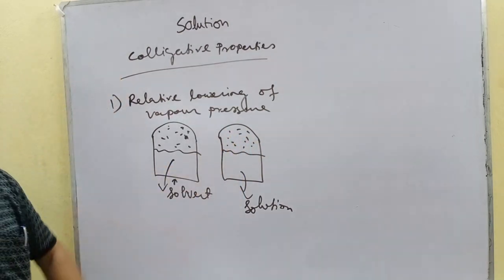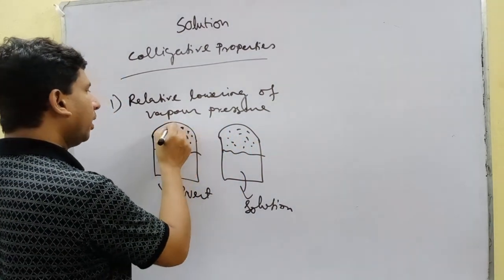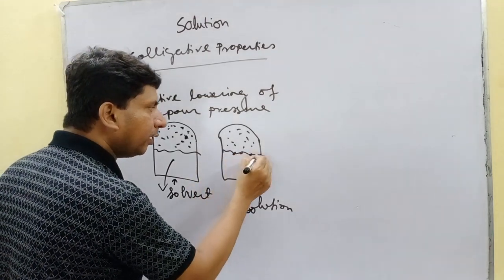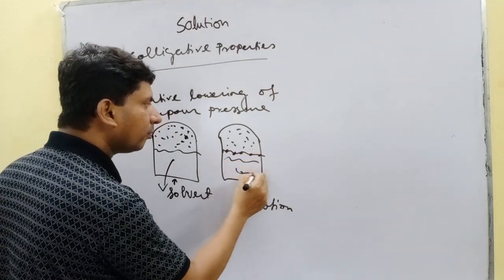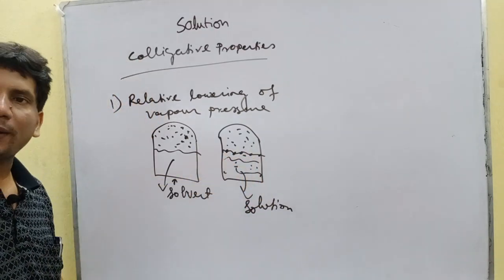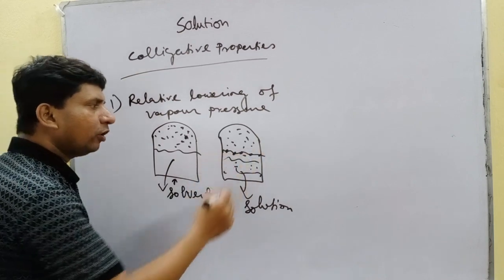Why does it decrease? Because the surface of the solution contains solute particles.